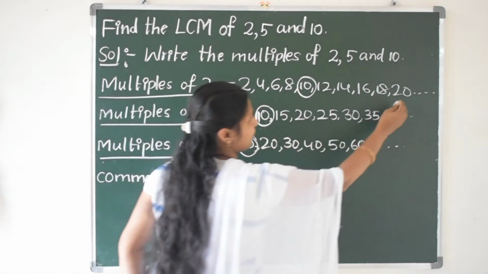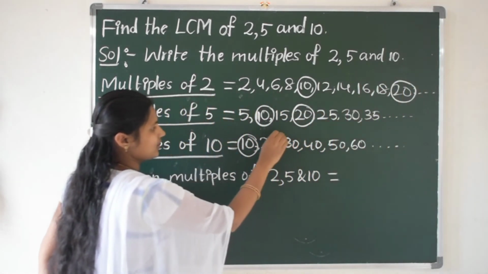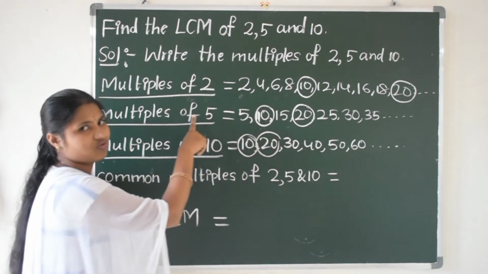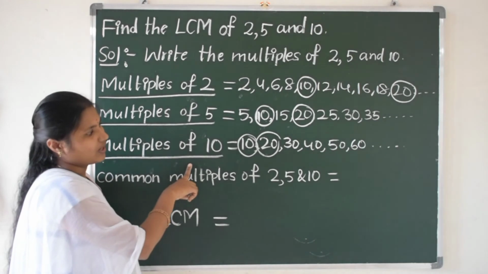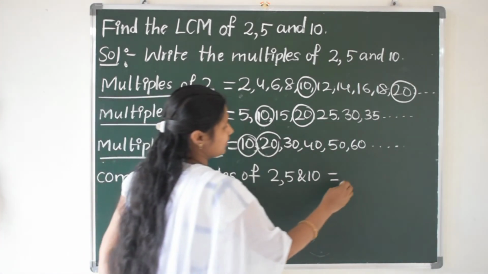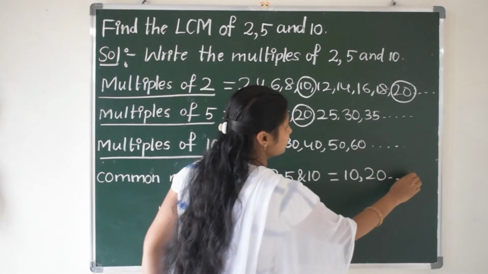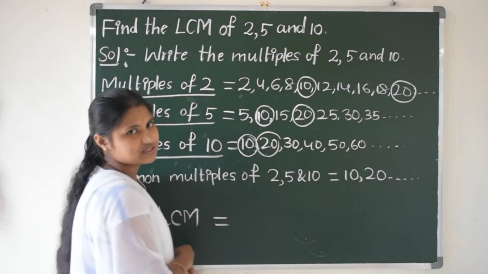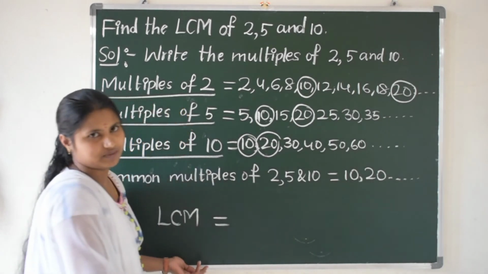Next, yes, 20. 20 is a common multiple. 20 is a multiple of 2, of 5 and of 10 also. These are the common multiples, 10, 20 and so on. If we write multiples continuously, we can get more common multiples here.